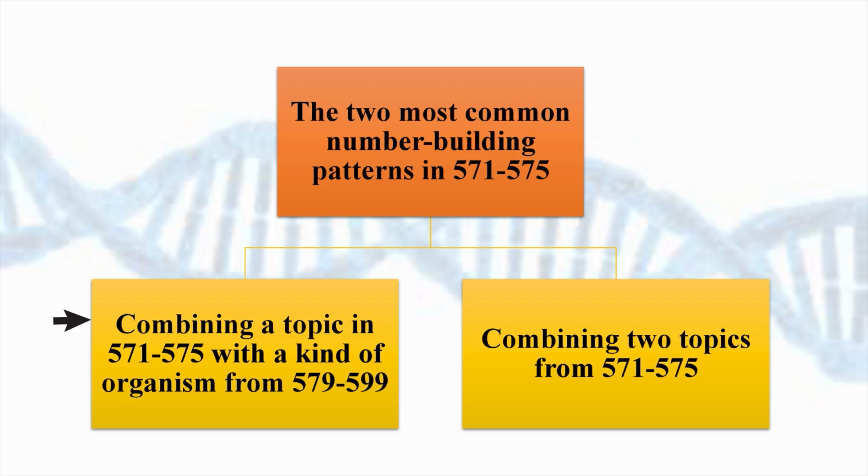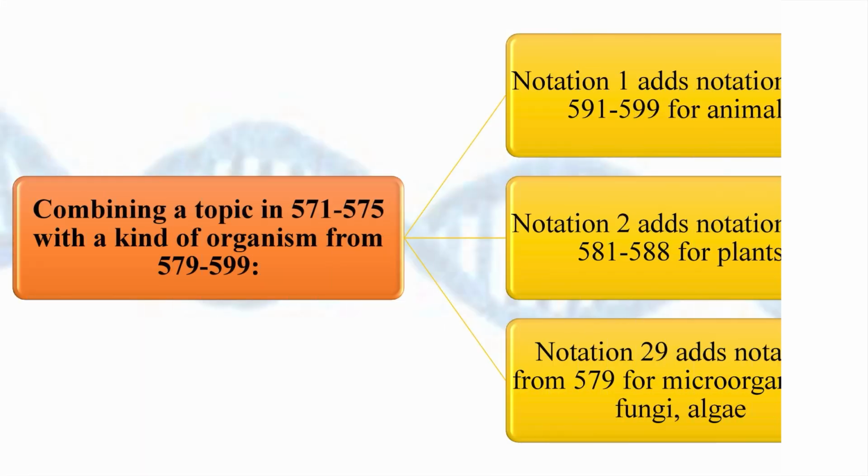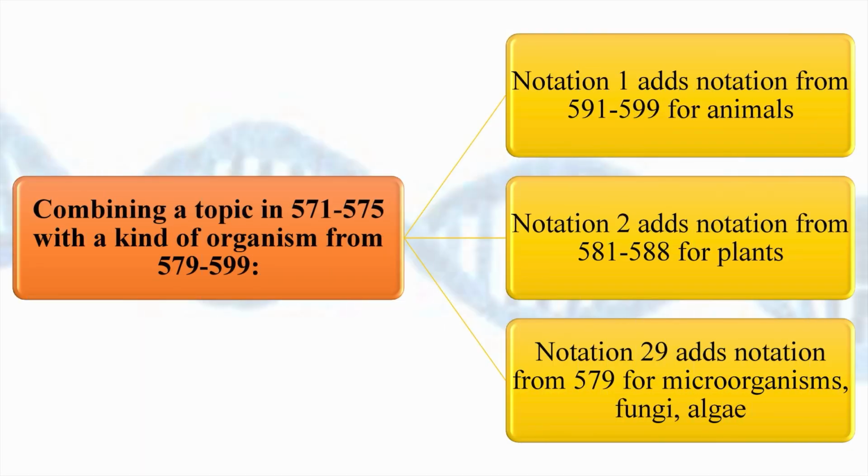Another combination option in the same range, 571 to 575, is that we can add two topics. When combining one topic in 571 to 575 with a kind of organism from 579 to 599, we can do it in three ways.